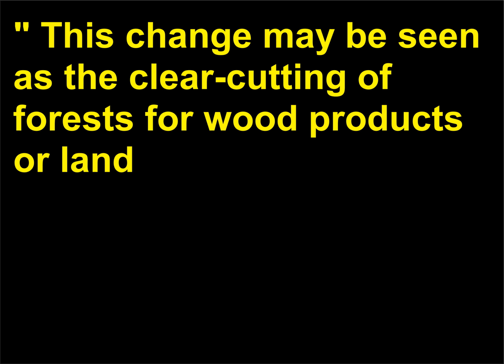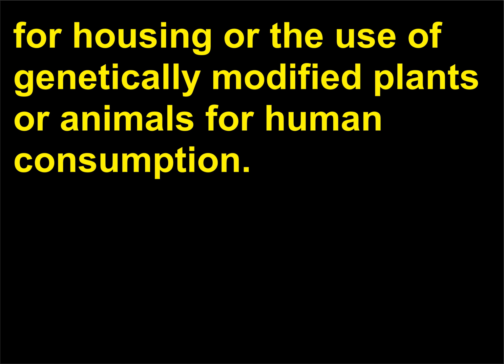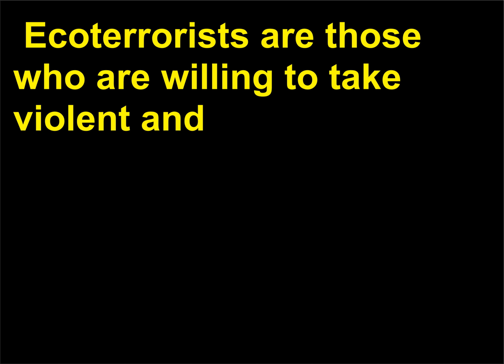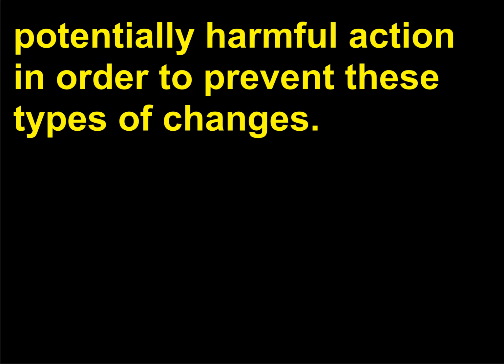This change may be seen as the clear-cutting of forests for wood products or land for housing, or the use of genetically modified plants or animals for human consumption. Eco-terrorists are those who are willing to take violent and potentially harmful action in order to prevent these types of changes.